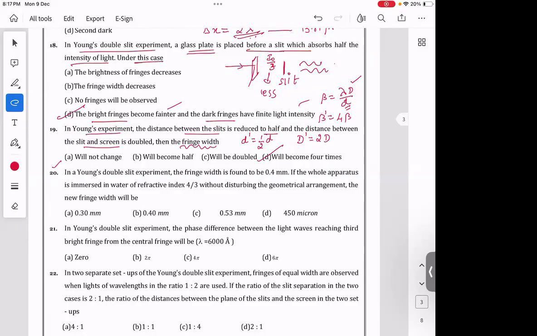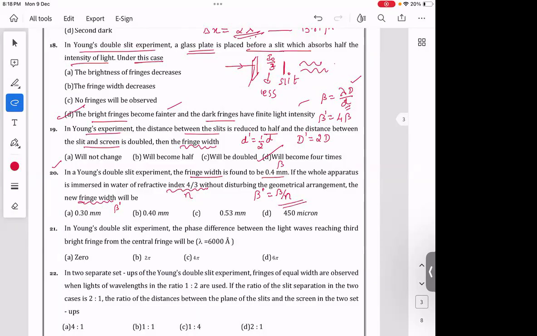Yeah, this is very important, students. So many times they have asked this. The fringe width is found to be 0.4 millimeter, and the whole apparatus is immersed in a liquid of refractive index 4 by 3. What will be the new fringe width? Please remember, the new fringe width is equal to the fringe width divided by n. What does n represent? Refractive index.